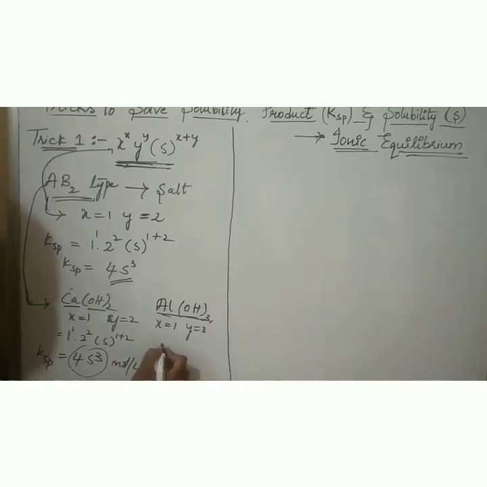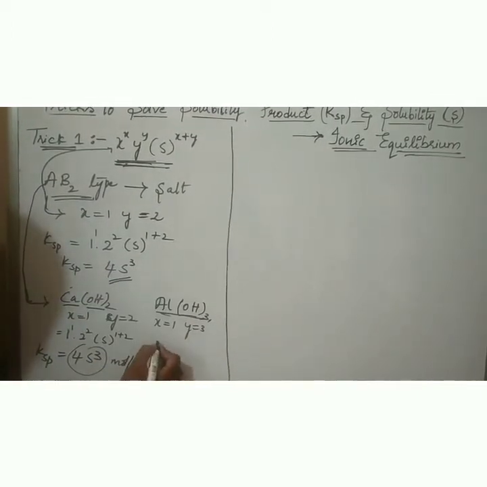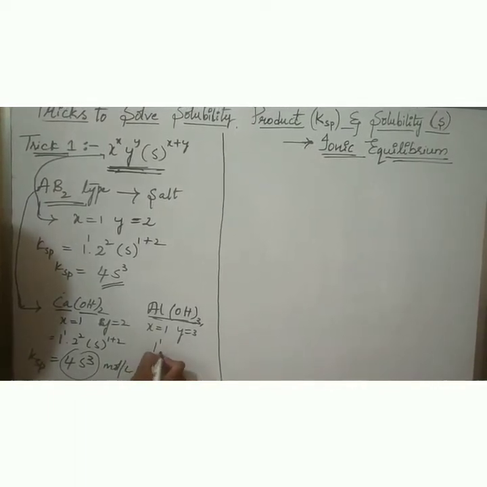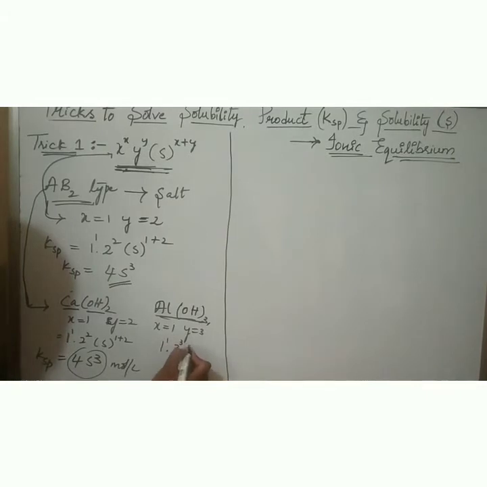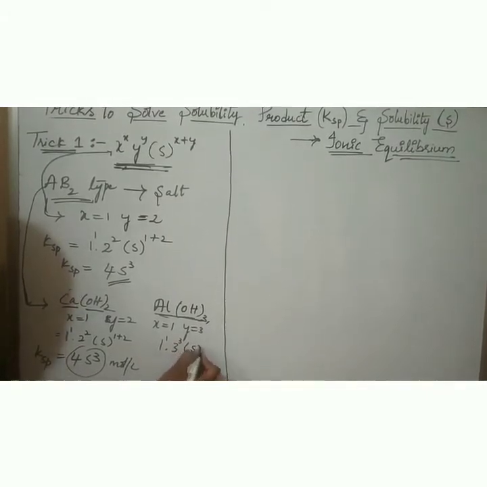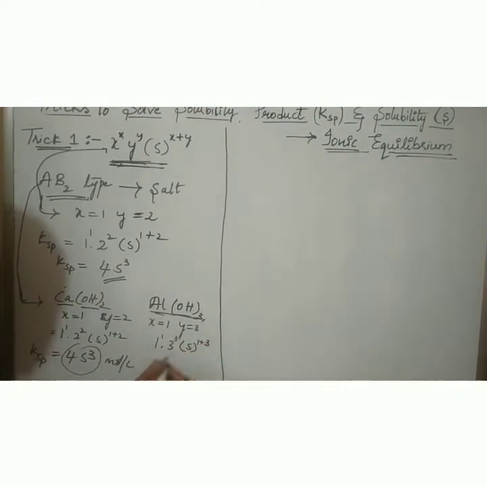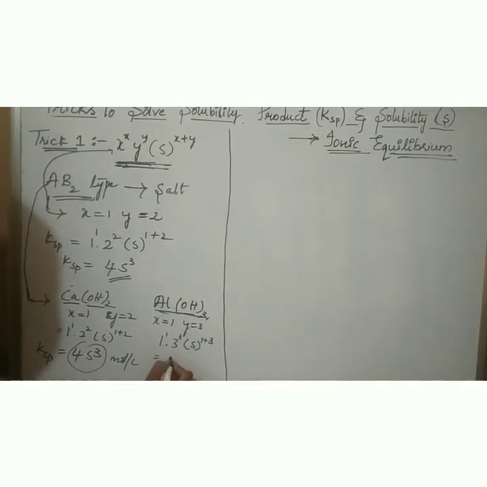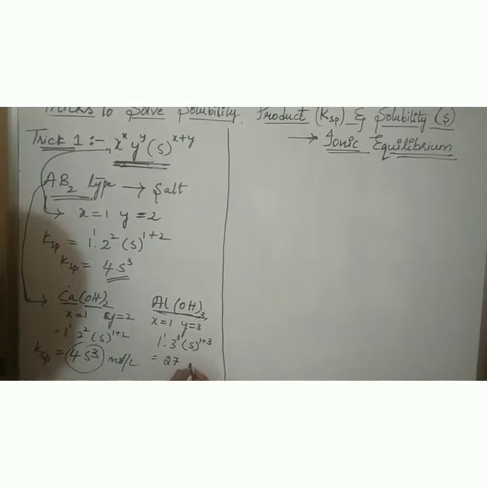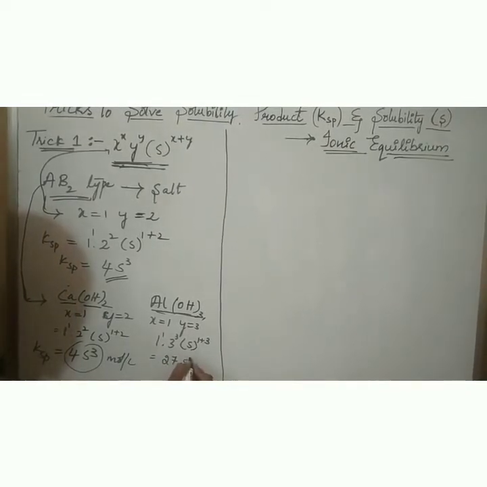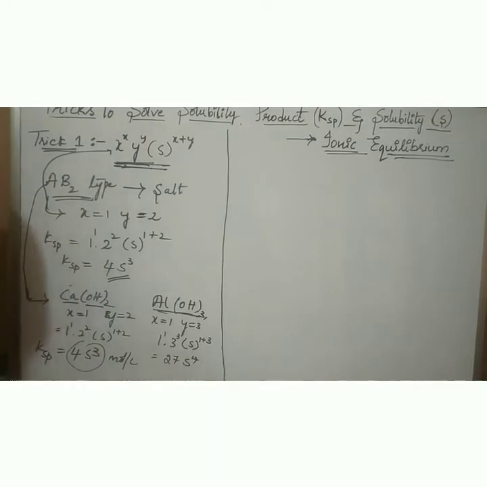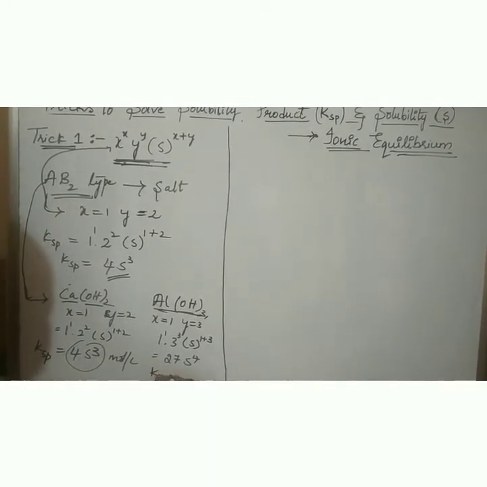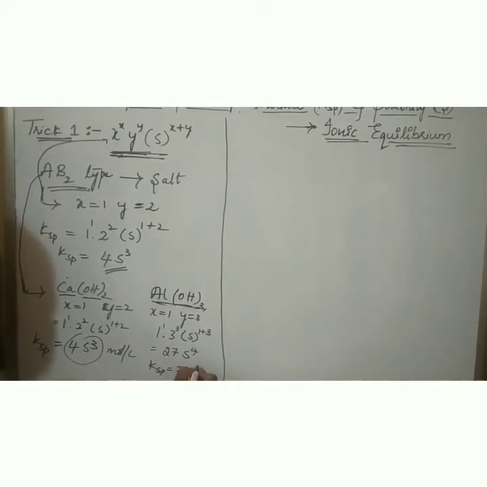Then using the trick, x is equal to 1 means 1 raised to 1, into y is 3 raised to 3, s raised to 1 plus 3. 3 raised to 3 means 27, s4. Right? Then the solubility product is equal to 27 s4.